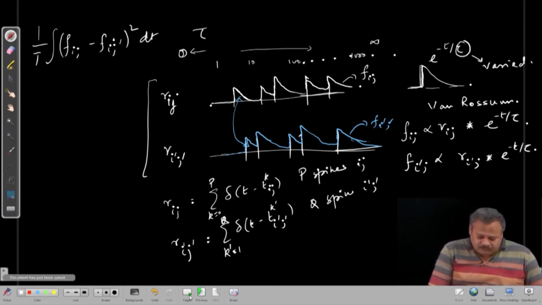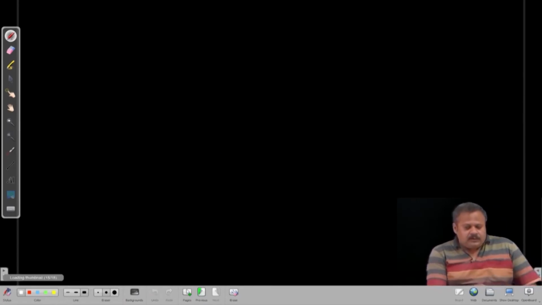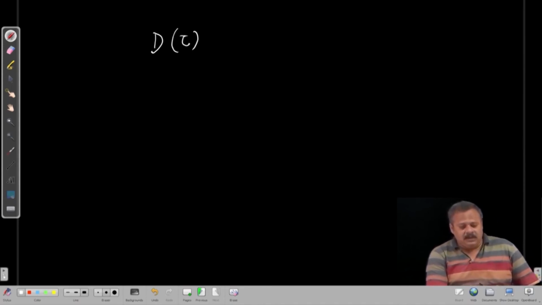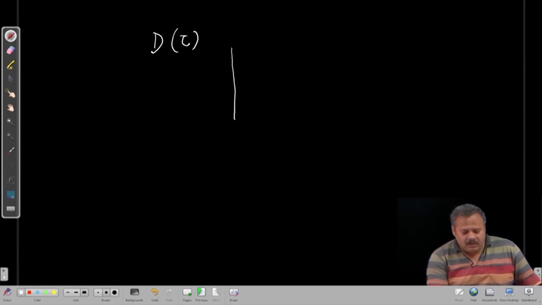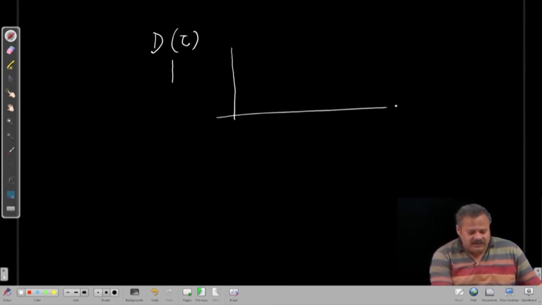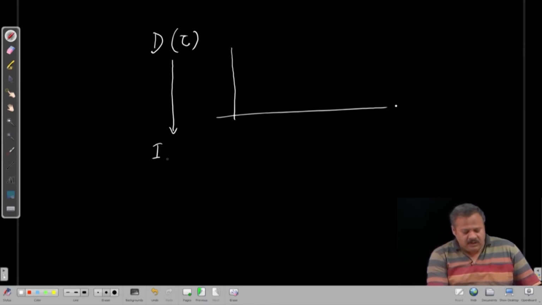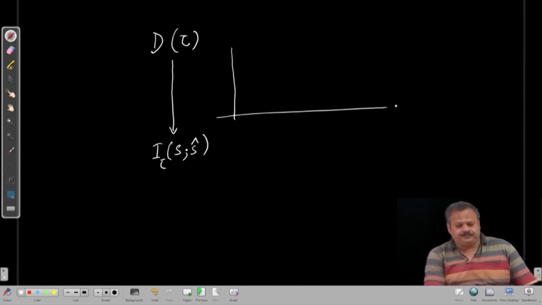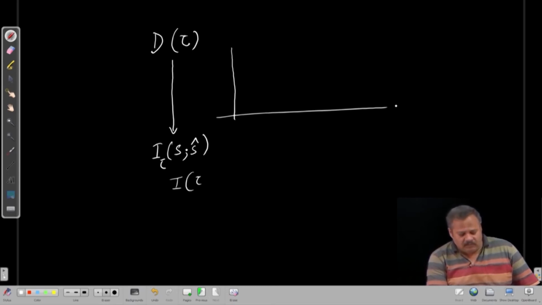So now what we have is a d that is a function of tau, and based on this d as a function of tau, for the case of each tau, we will have a mutual information between s and s hat that is a function of tau, or we can simply say I tau.